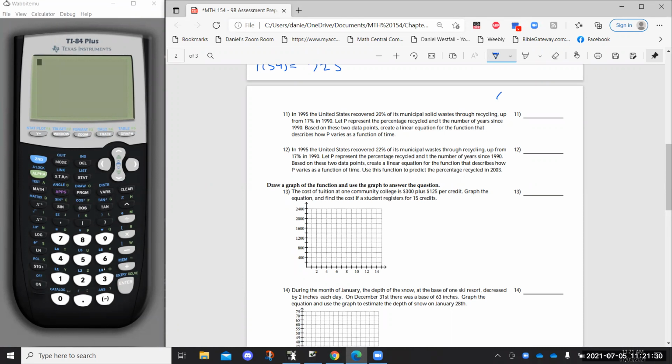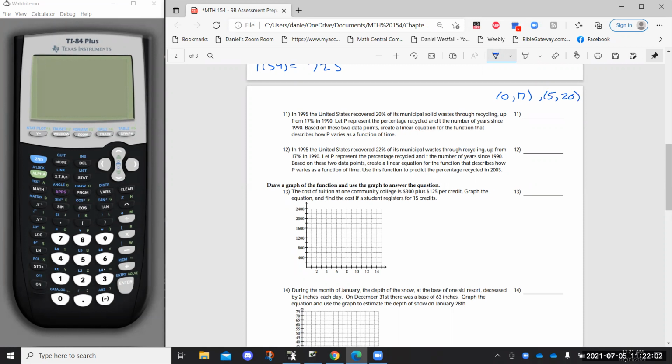Years since 1990 is what I want for my X, and it was at 17, and then years since 1990 was 5 years, and we're up to 20%. I'm just writing the percentage, not writing it as a decimal.